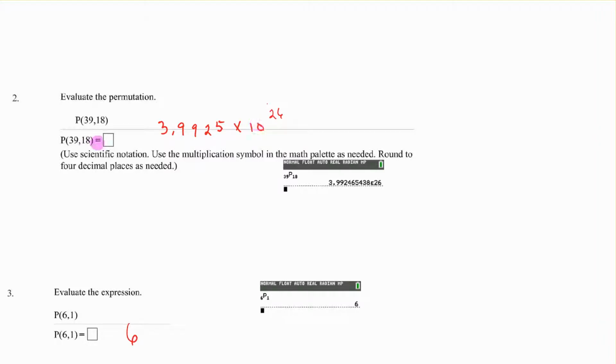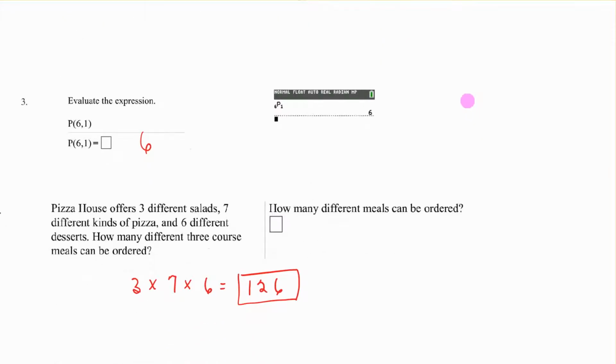So 39 things taken 18 at a time, and you get this number. It says round to 4 decimal places. So we stop at the right there, and it's times 10 to the 26th. All right, number 3, 6 things taken 1 at a time would give you 6. You can do it in your calculator and make sure.